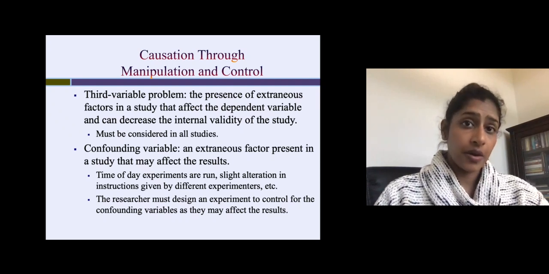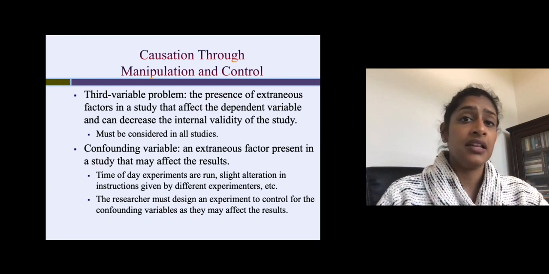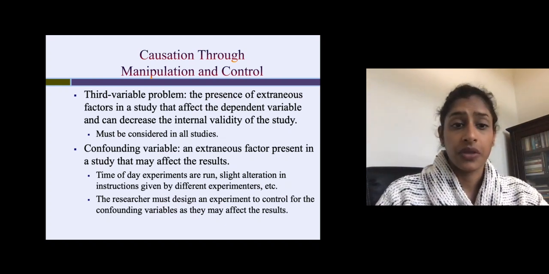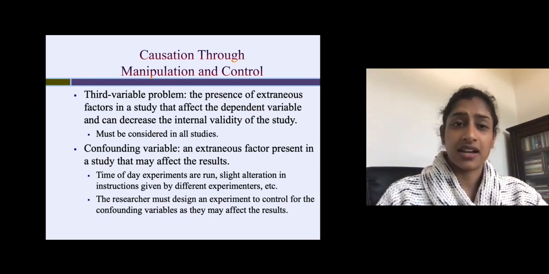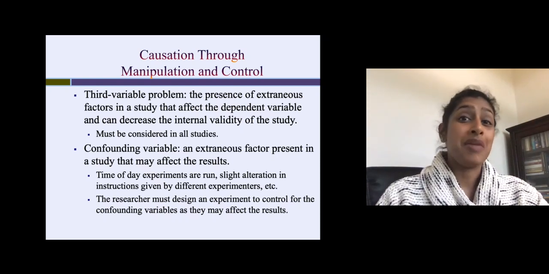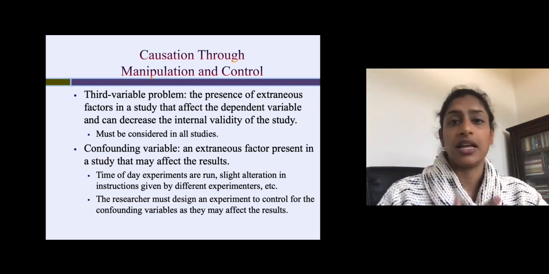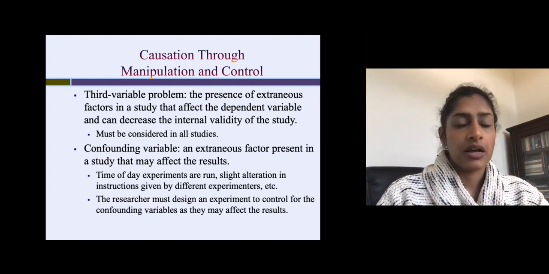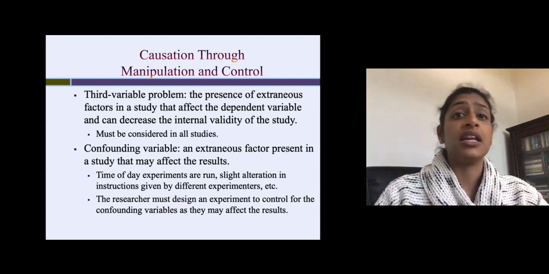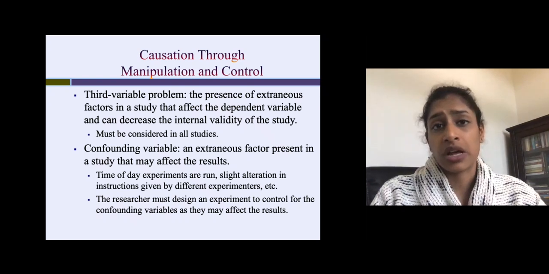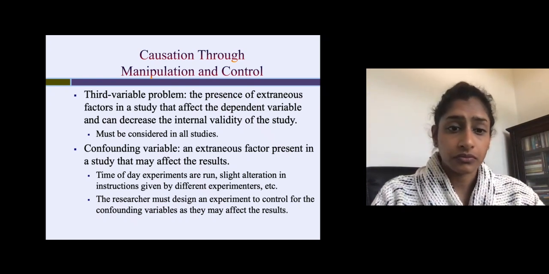A confounding variable, as your book defines it, is an extraneous factor present in a study that may affect the results. For example, the time of day that I decided to conduct my experiment, or maybe in one group I gave slightly different instructions than in the other. All of these things could impact and influence my outcome, and it's not a direct result of the manipulation of my independent variable.